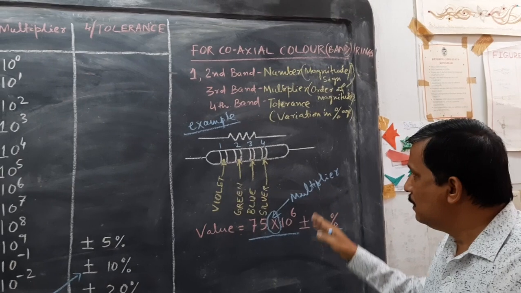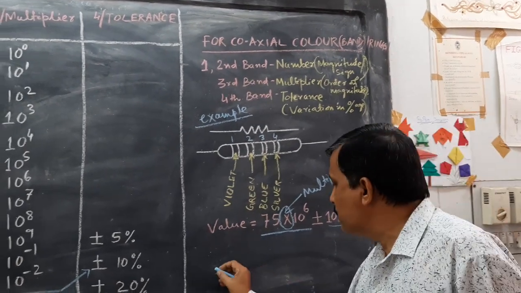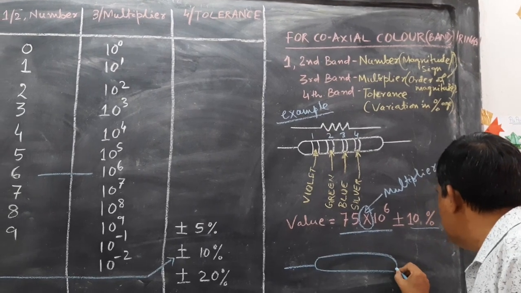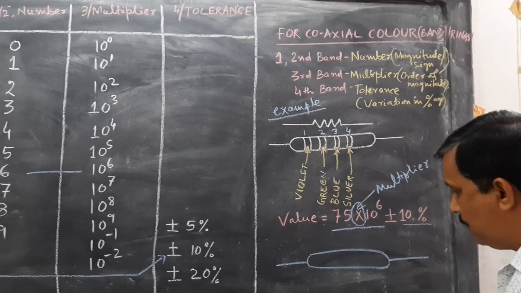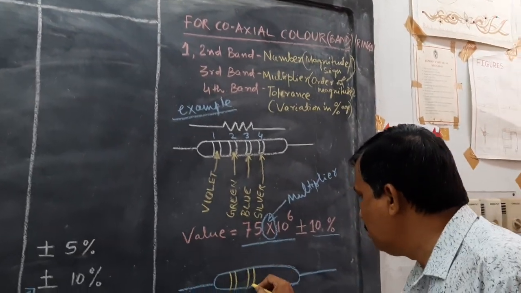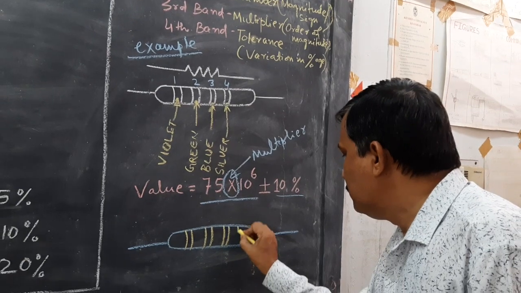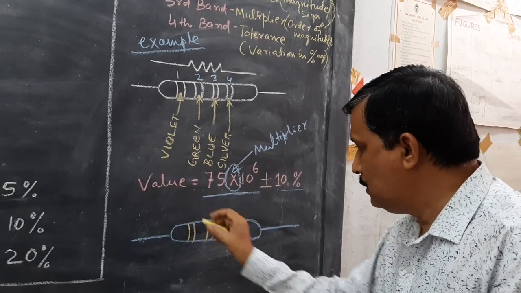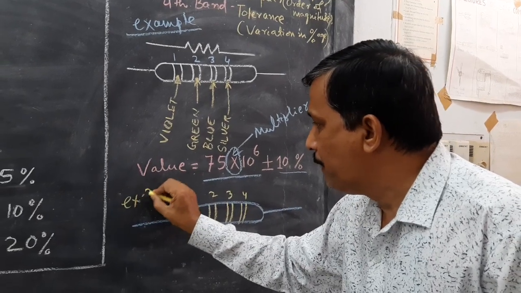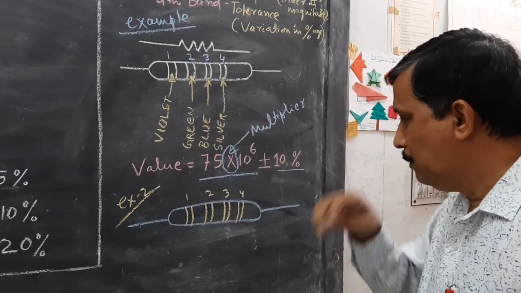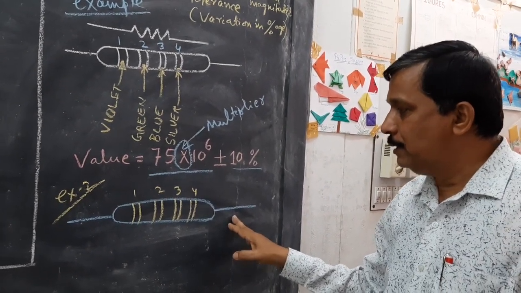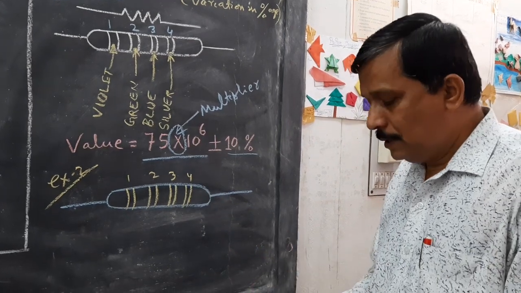Similarly you can take any other example. Suppose I am taking another value. Suppose this is your resistor and this is the first band, second band, third band, fourth band. This is your example 2. You can take many examples like this, because in the examination also it comes to calculate the color code value of these resistors.